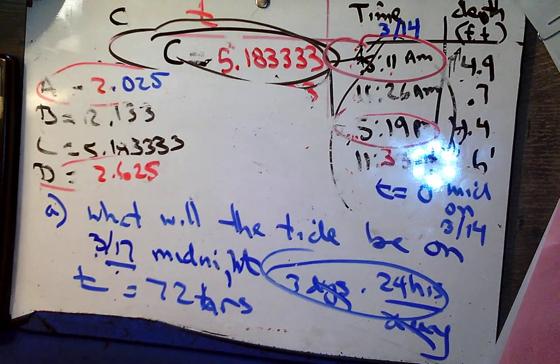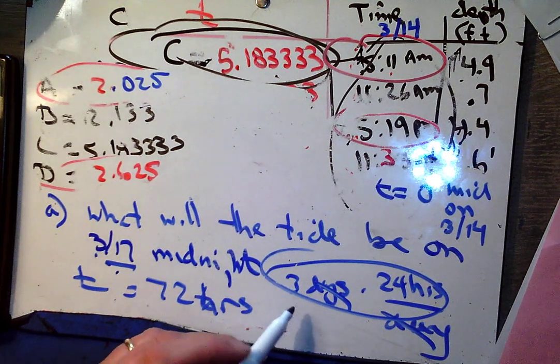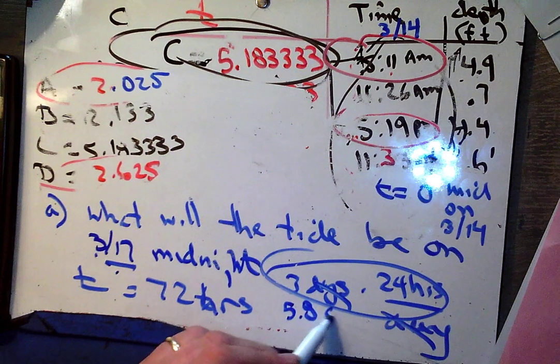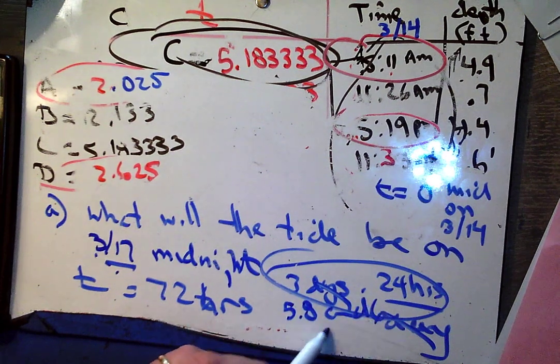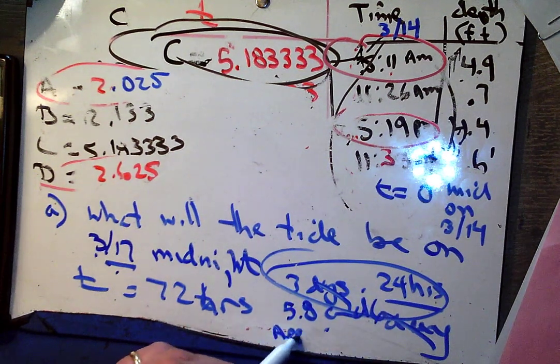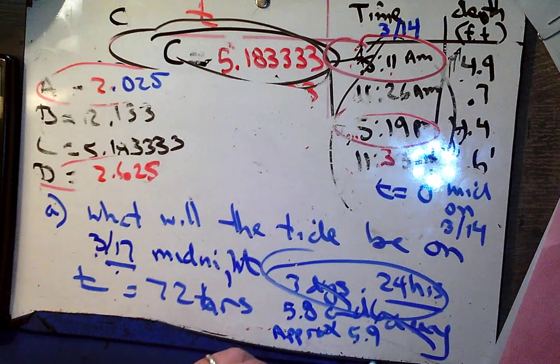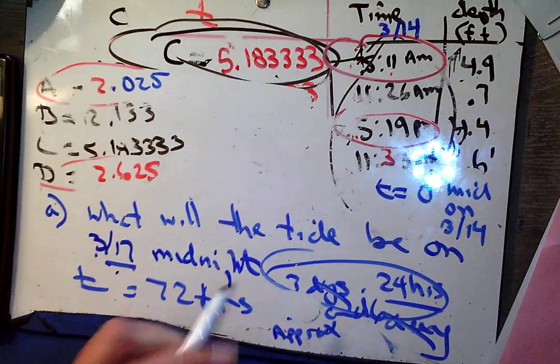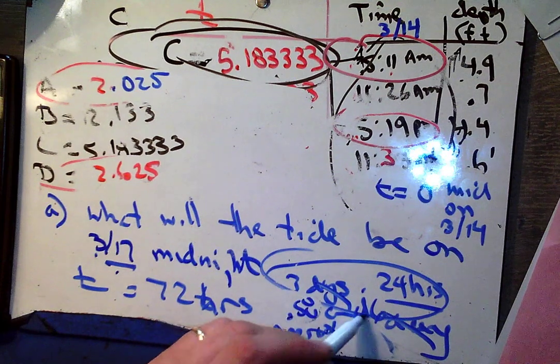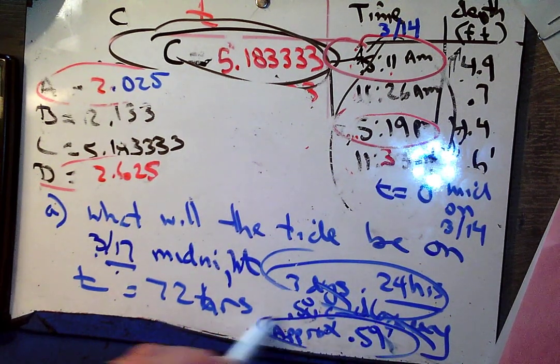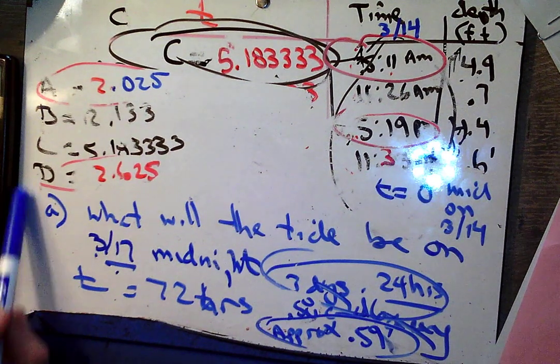So, okay, what will the depth be? So we said between 5.8 and 6. Okay, approximately 5.9. Oops, it was 0.58 and 0.6, so approximately 0.59 feet.